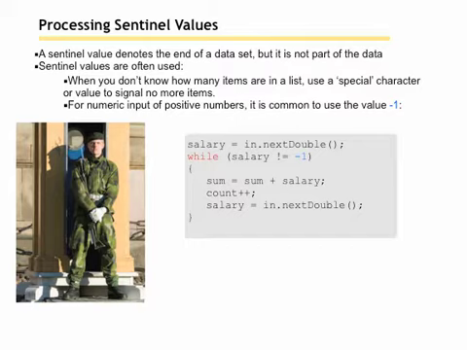Nobody's going to have a salary of -1, so that value is outside the data set. So in this example, we initialize salary to whatever the user types in. While salary is not equal to -1, we add the salary to our total, we increment our count of salaries, and then we get the next salary. If the next salary equals -1, then we're done.